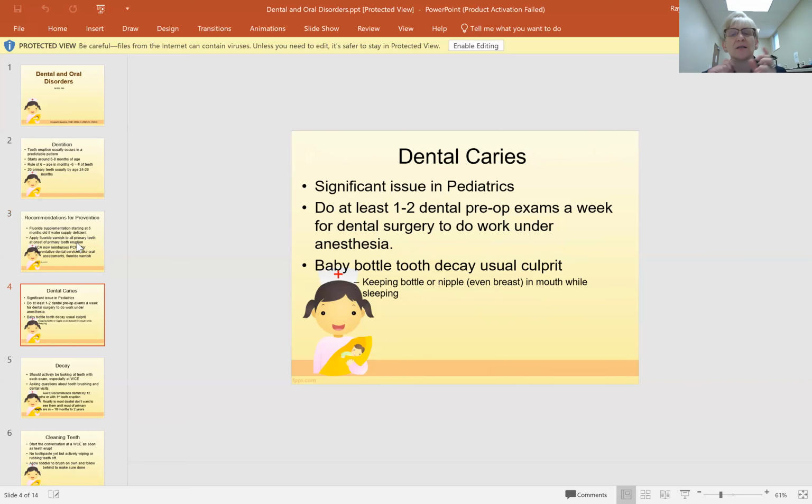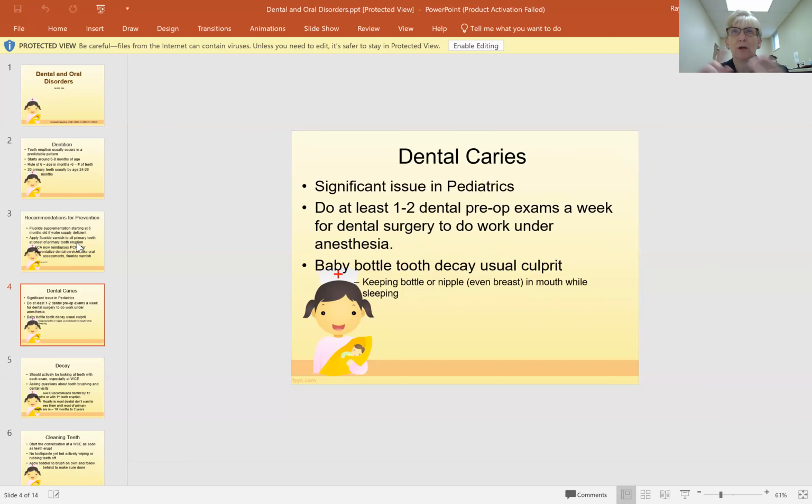Dental caries. This is a significant issue in pediatrics because this can cause other health issues. When we're not in COVID-19 quarantine, I do at least one to two dental pre-op exams a week for dental surgery, so they can do work under anesthesia, which means they've got enough significant caries that they want to do it under anesthesia, so they don't traumatize the child.